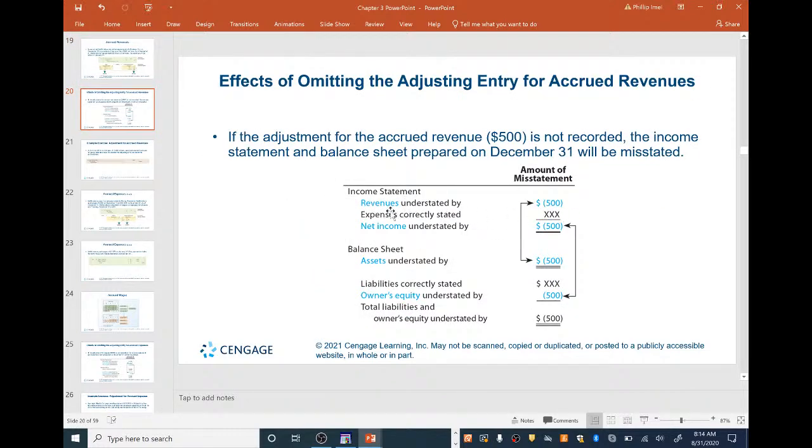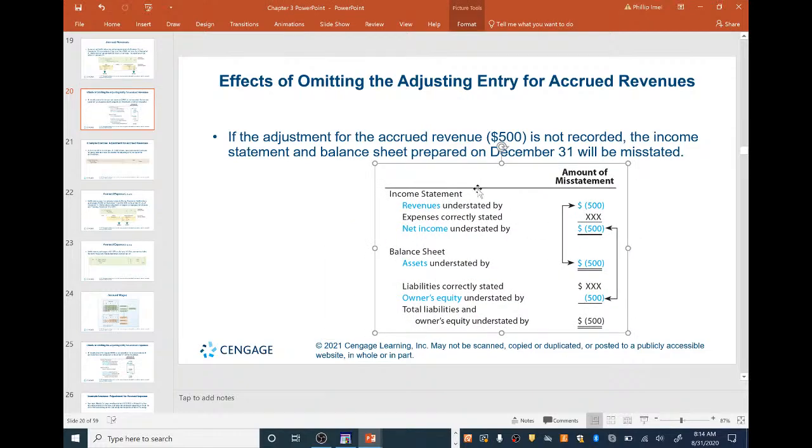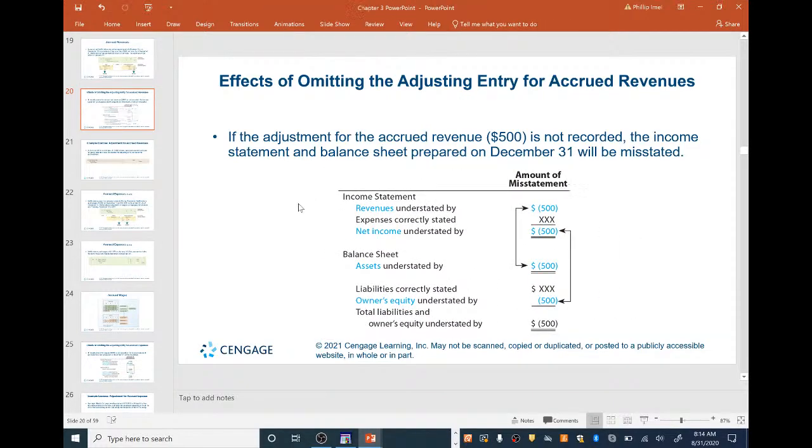So if we omit that entry, revenues will be understated by $500. That's what's in parentheses, okay? Expenses are correctly stated, so no effect there, right? So expenses are correct, but revenues are understated. So if revenues are understated by $500, then net income is going to be understated by $500, right? It just carries directly down, which makes sense, right?